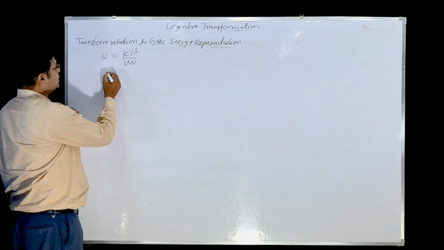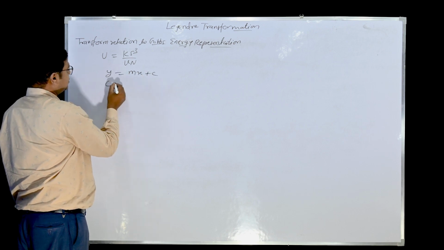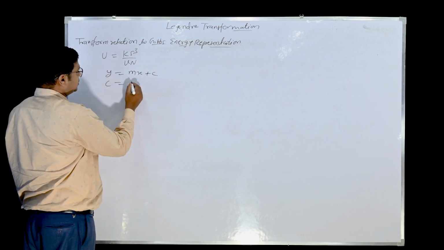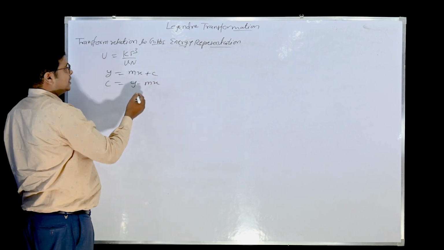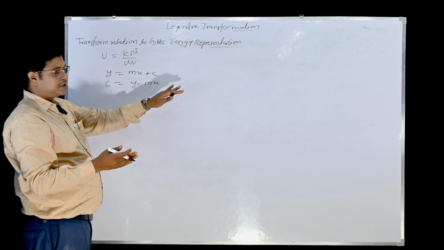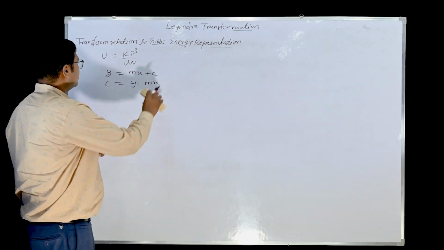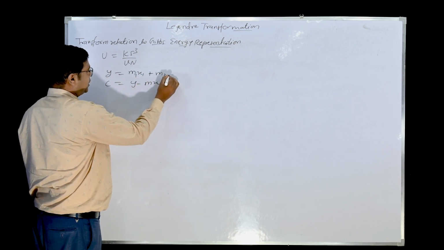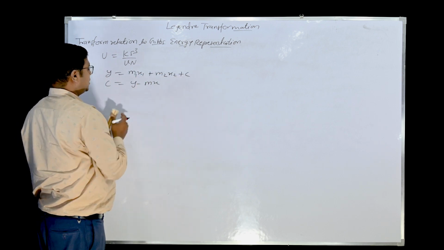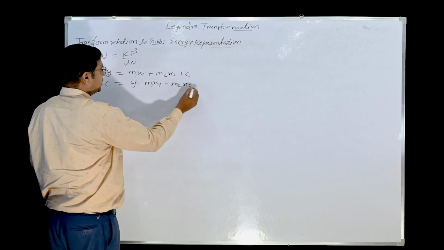For Legendre transformation, we know that mx plus c, this we will convert to c is equal to y minus mx, and for multivariables, because this gives energy representation, this relation we will write as y equal to m1 x1 plus m2 x2 plus c, and here c is equal to y minus m1 x1 minus m2 x2.